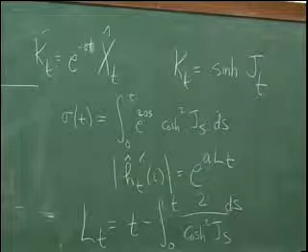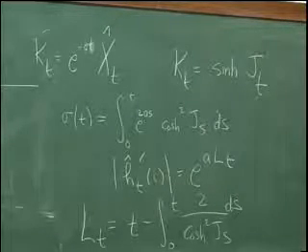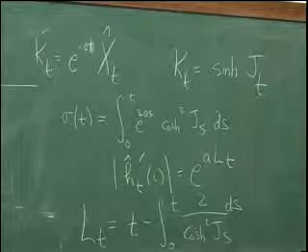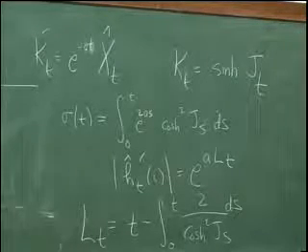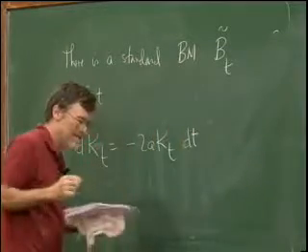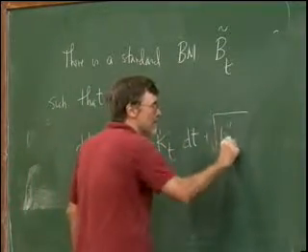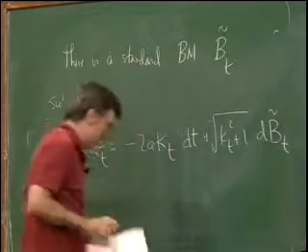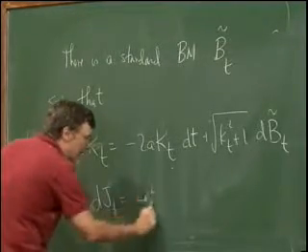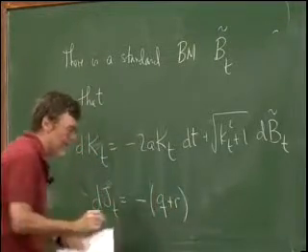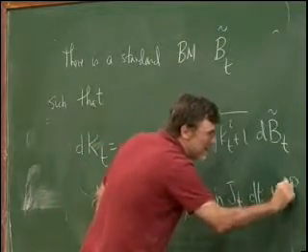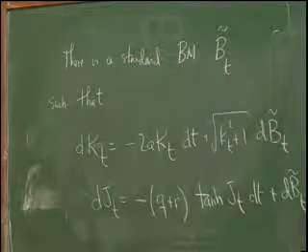There is a standard Brownian motion, which I'll call B_t tilde, such that dk_t equals minus 2a k_t dt plus square root of k_t squared plus 1 dB_t tilde. And j_t is the one that satisfies the easiest equation: dj_t equals minus (q plus r hyperbolic tan j_t) dt plus dB_t tilde.